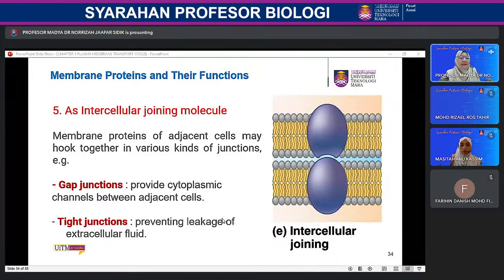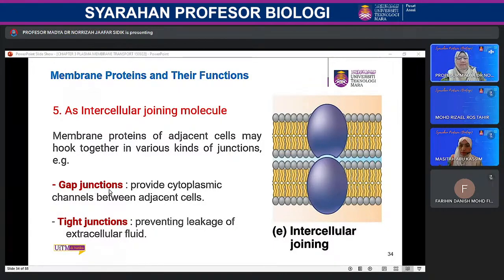And then the fifth function of the membrane protein is to act as intercellular joining molecules. These are adjacent cells, the neighboring cells. They can connect in a range of different junctions; they may hook together in various kinds of junctions. If you look here, there are 2 types of junctions.